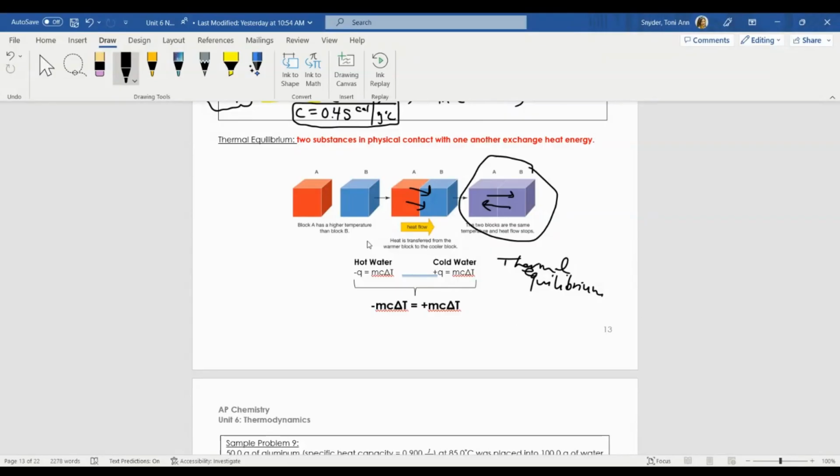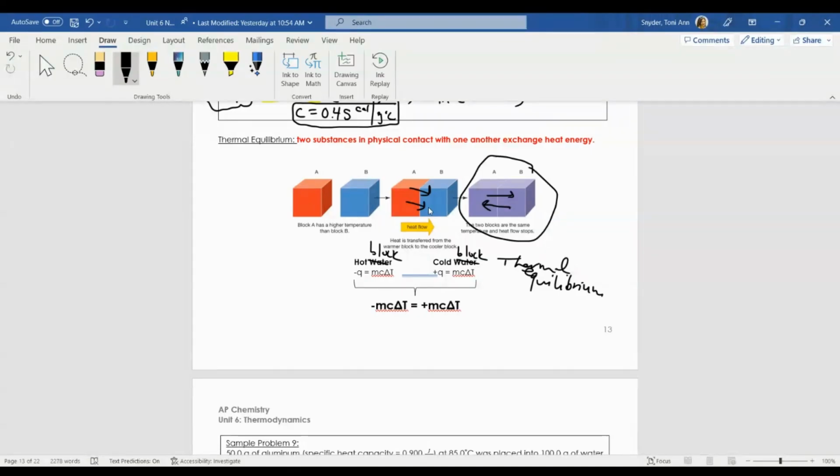So let's say, we're just going to call this the hot block. We could do this with water too, but we're just going to relate it to this example, the cold block. The hot block is releasing some amount of energy, because it's losing temperature or it's losing heat. So this right here is giving energy to this. So its Q is negative. However, this is absorbing that energy.